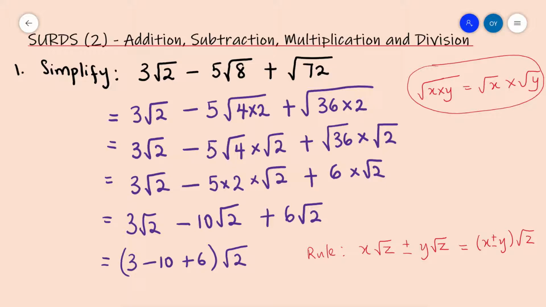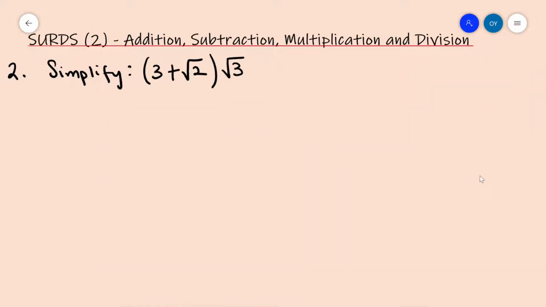We have 3 minus 10 is negative 7. Negative 7 plus 6 is negative 1, then root 2. Negative 1 root 2 is the same thing as negative root 2. And that's our answer.